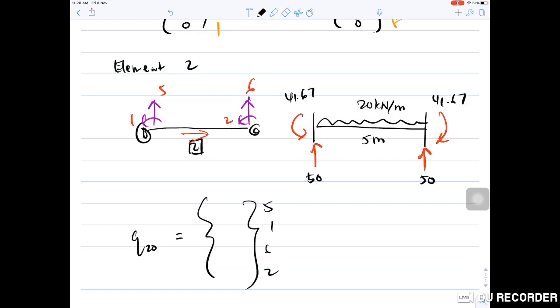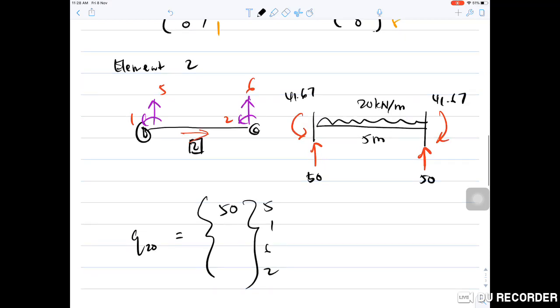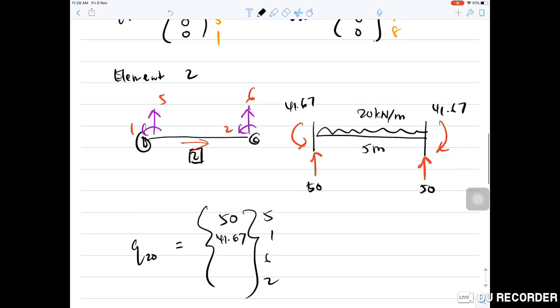Find the value of 5 from the second diagram. 5 is 50. 1 is 41.67. 6 is 50.